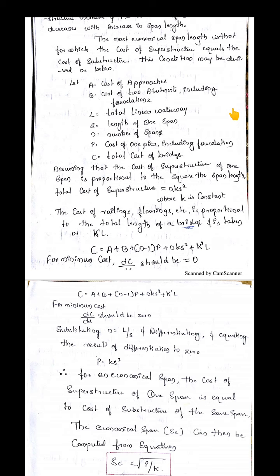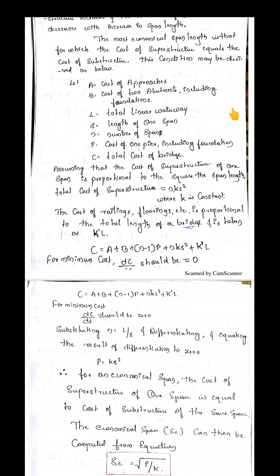If you divide the total length by the length of one span, you get the number of spans, n. So L by S equals n. Wherever n is there, we will substitute L by S. So it is L by S minus 1, into P. Now we'll differentiate this.